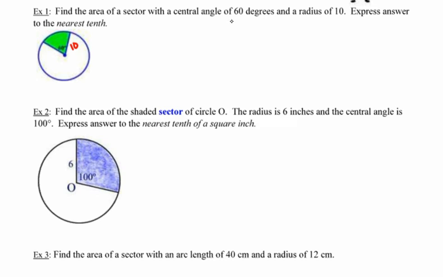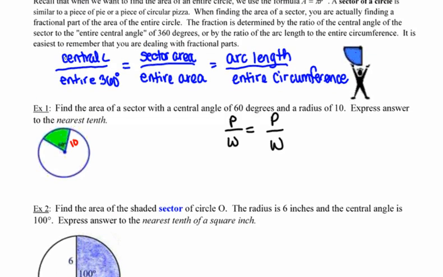And again, I want to think about the part that I'm going to compare to the whole thing, where my parts and my wholes are going to come from this extended ratio that I wrote up in the very beginning. So in this case, I'm dealing with a central angle.